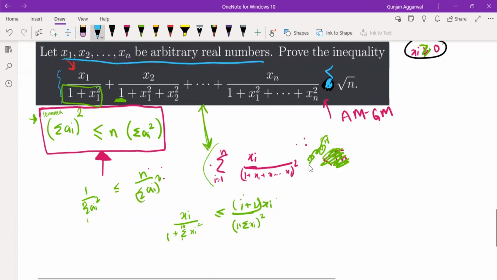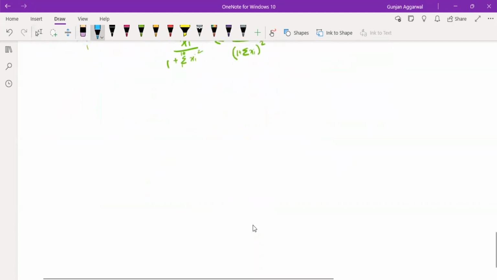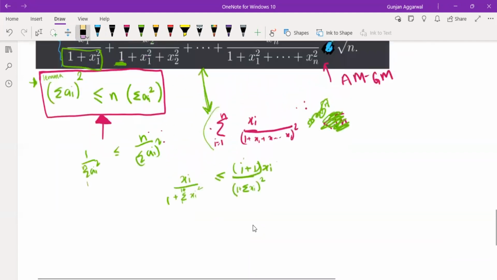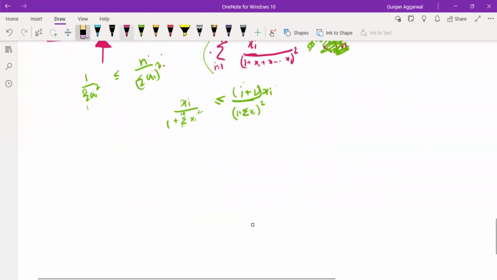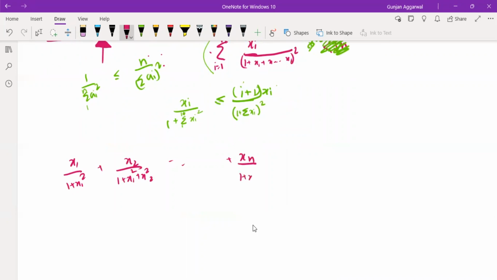How about you square the initial thing? Now you have x1 by 1 plus x1 square plus x2 by 1 plus x1 plus x2, plus xn by 1 plus x1 square plus x2 square. You have to prove this basically.